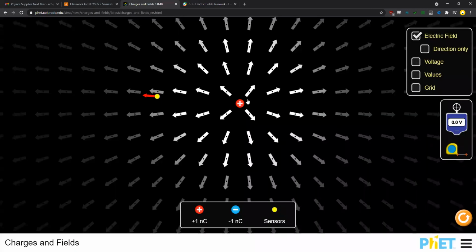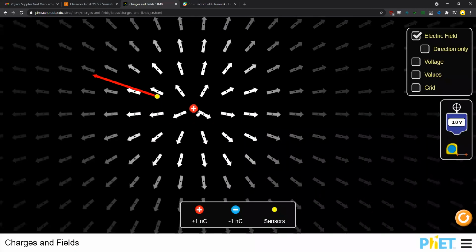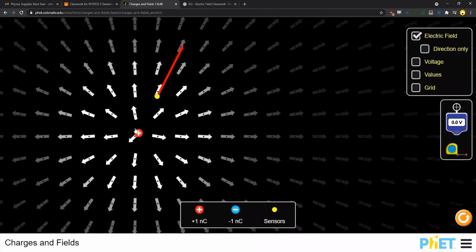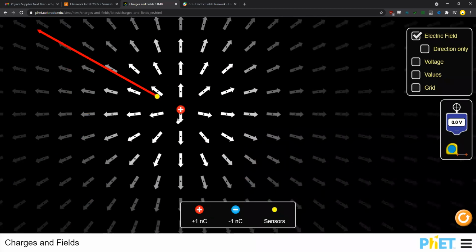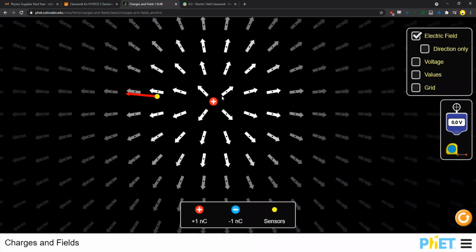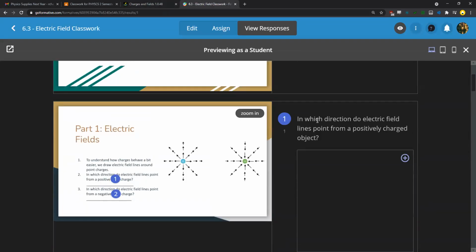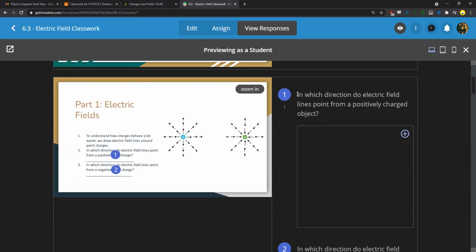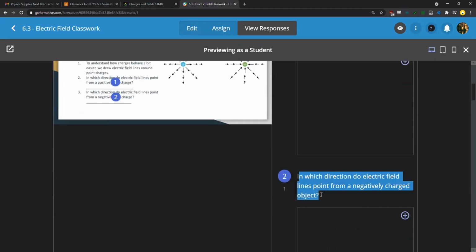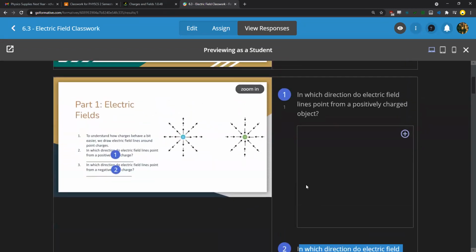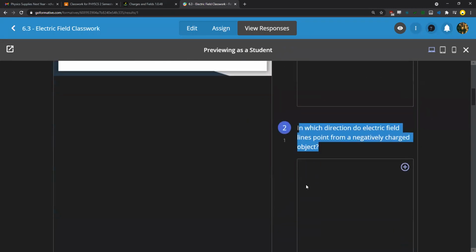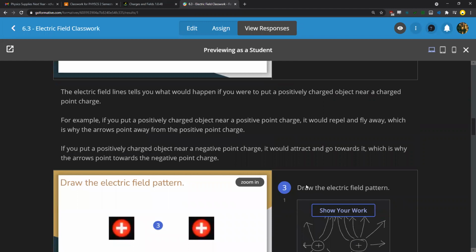They point away from this positive charge. Look at that, if I'm moving this charge around. All right, so that's really the answer to questions 1 and 2, right? Question 1 should be out. Question 2 should be in. Simple answers, simple answers. All right.